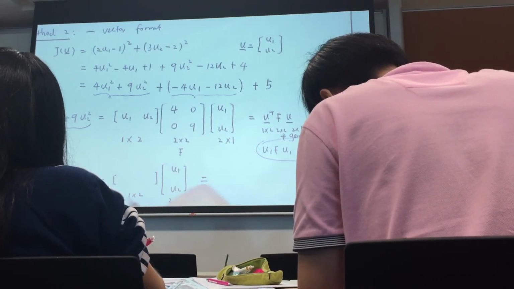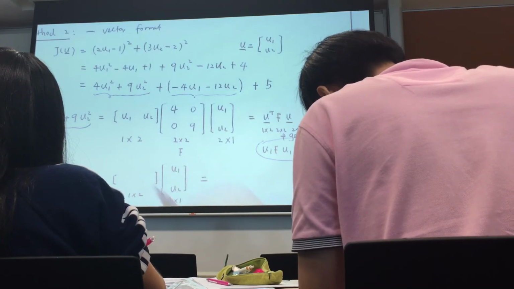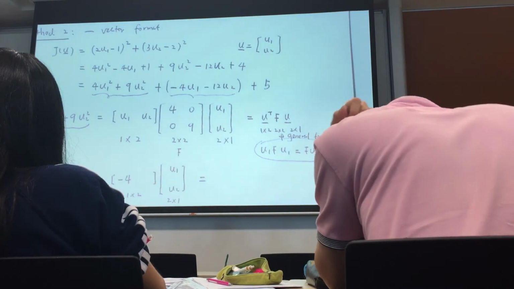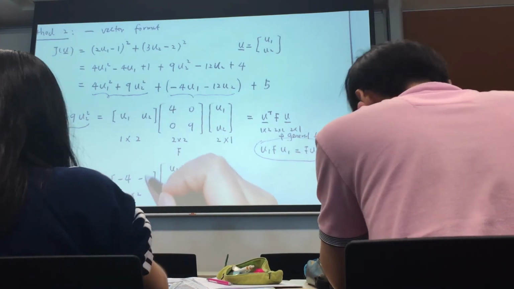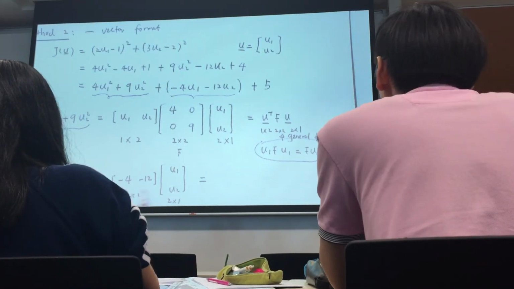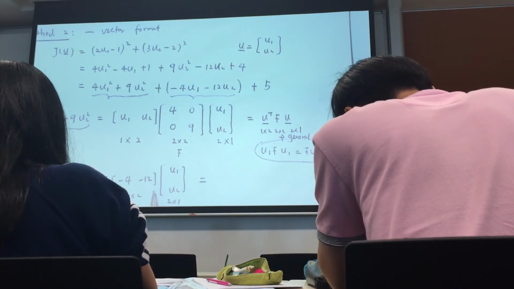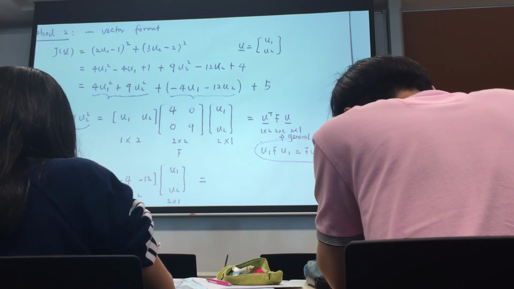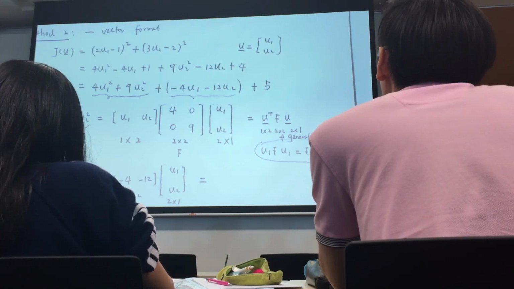So we define this. From here you can see the first component will be minus 4, and the second component will be minus 12. If you multiply this out, it will be minus 4 multiplied by u1 plus minus 12 multiplied by u2.